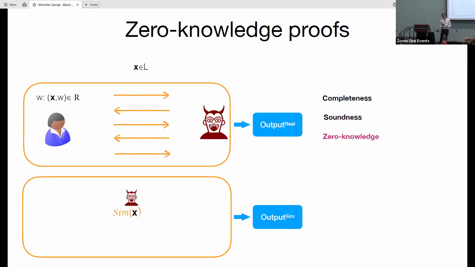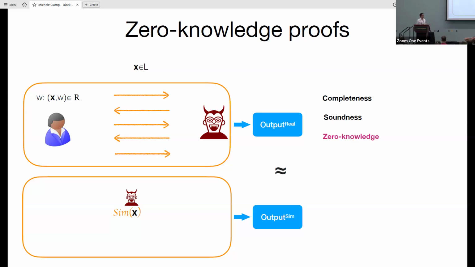And zero knowledge means that whatever an adversarial verifier can learn by interacting with an honest prover that uses the witness to generate the transcript can actually be learned by a simulated process that doesn't use the witness at all. As long as these two outputs are indistinguishable, your protocol is zero knowledge, because we have generated the output at the bottom without using the witness. That's the standard zero knowledge property.